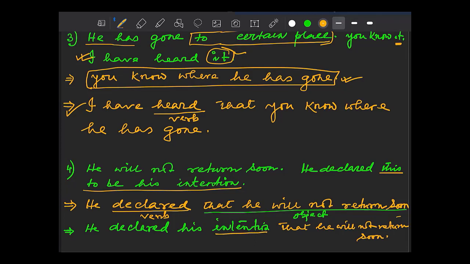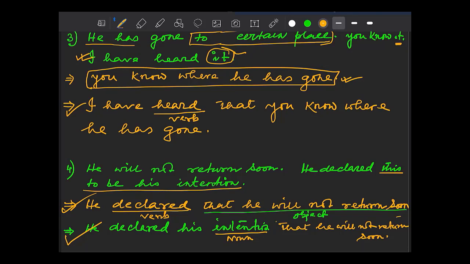This intention is the noun, and the next part is the clarification of this noun. So the next part is the noun clause in apposition to the noun intention. So you may join these two sentences in two ways. First one is this and the second one is this. Okay, now you have got your answers.